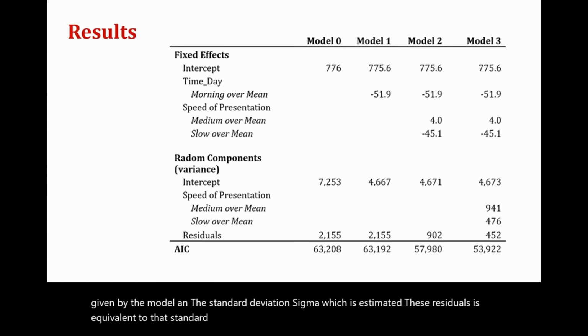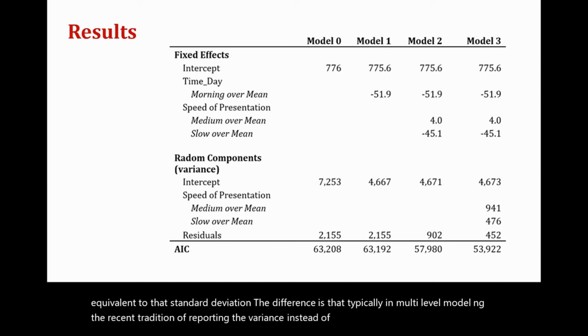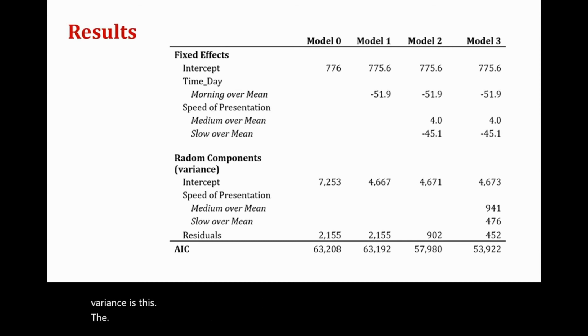The difference is that typically in multi-level modeling, there is a tradition of reporting the variance instead of the standard deviation. So the variance is the square of the standard deviation. And then we've got AIC.